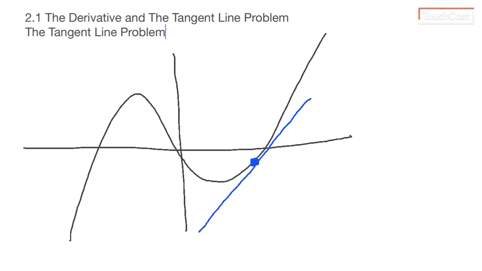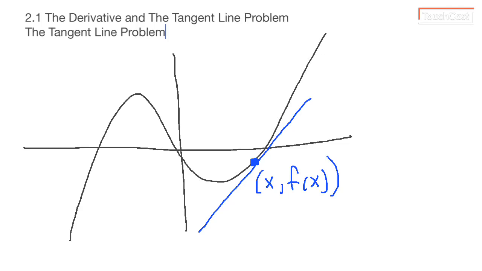So we're going to start by calling this point x, and f of x. Now we can approximate this slope by finding a secant line.